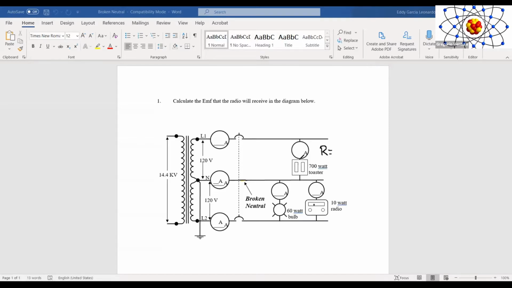This toaster is rated for 700 watts. Remember that we have 3 different formulas for power. P is equal to E times I. Also that P is equal to I squared R. And also we have that P is equal to E squared divided by R.